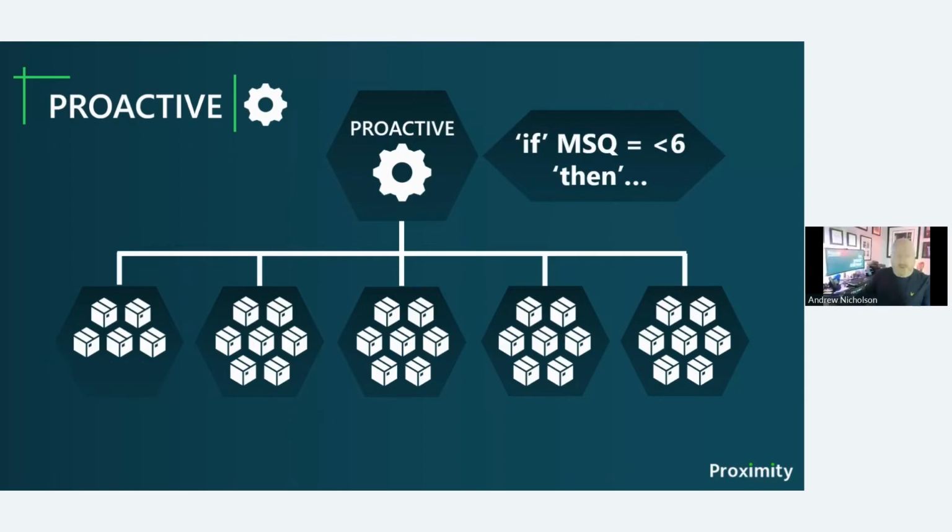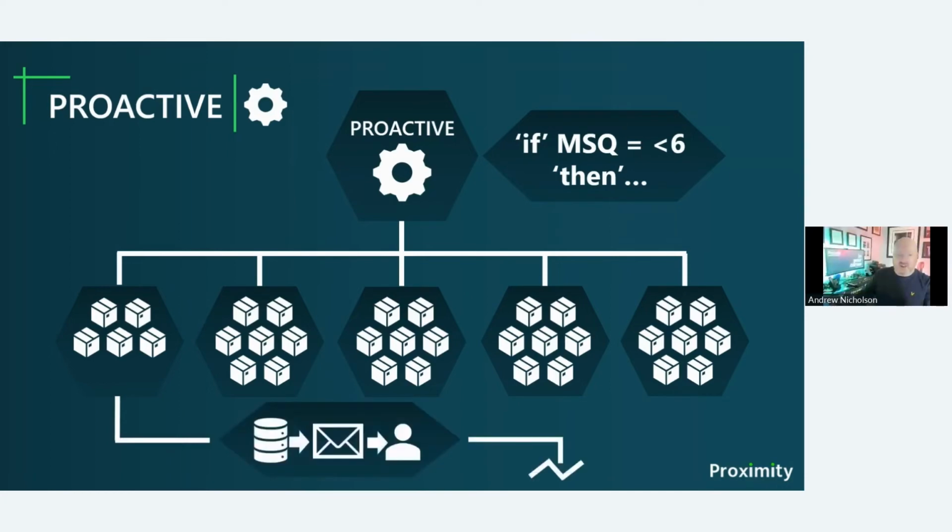So now in bin 1, we have only 5 items. As Proactive is constantly monitoring the value, as soon as it's changed to below 6, the workflow is activated. In this case, we've asked that we activate RouteOne to send an email and or SMS to the shift supervisor to alert them to the issue.